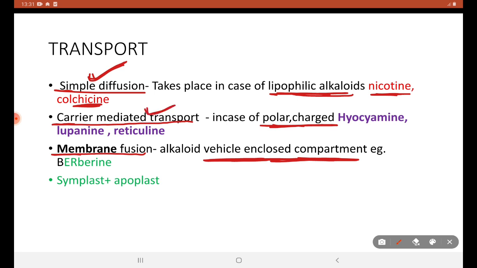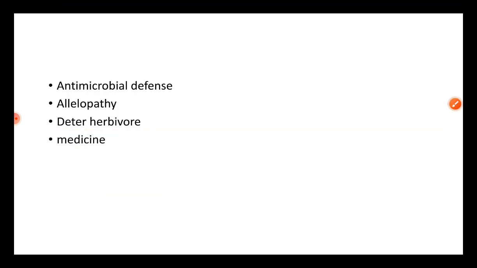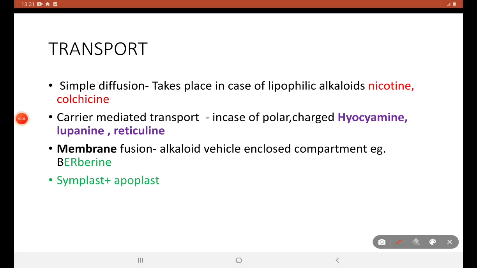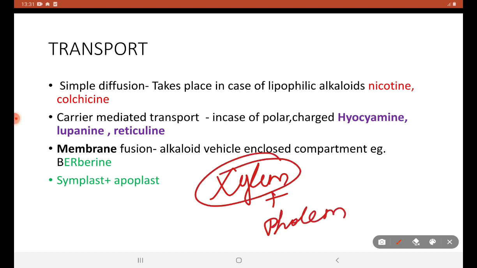Carrier mediated transport: hyoscyamine, reticuline and lupanine. Membrane fusion: berberine. It occurs in both symplast and apoplast. It transports by both xylem and phloem, but majorly by xylem.